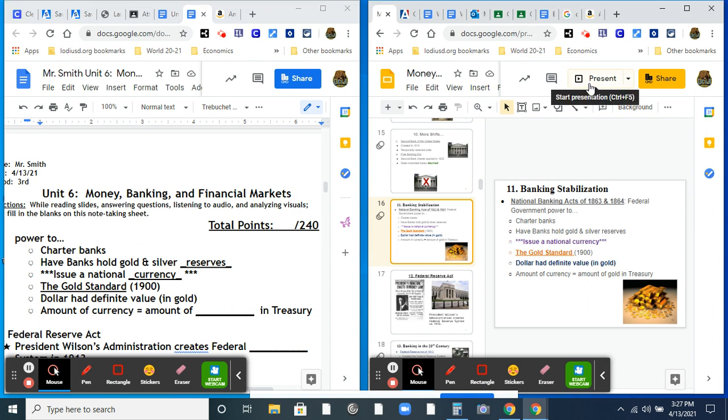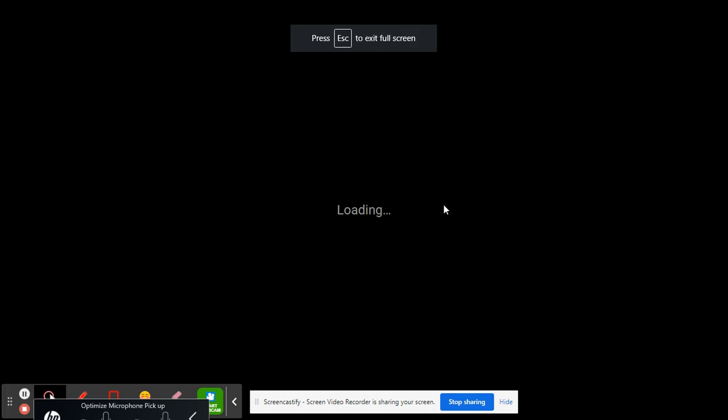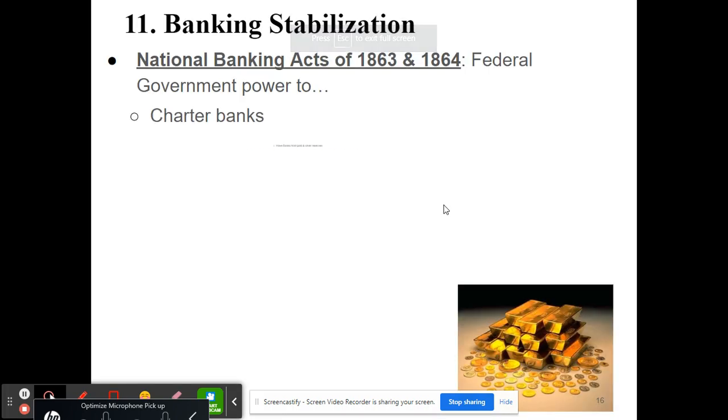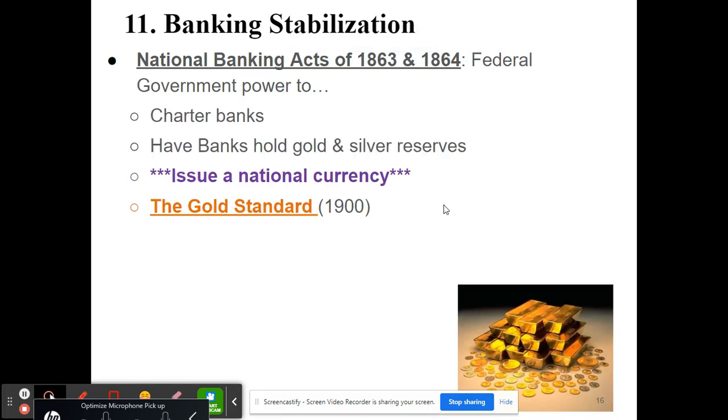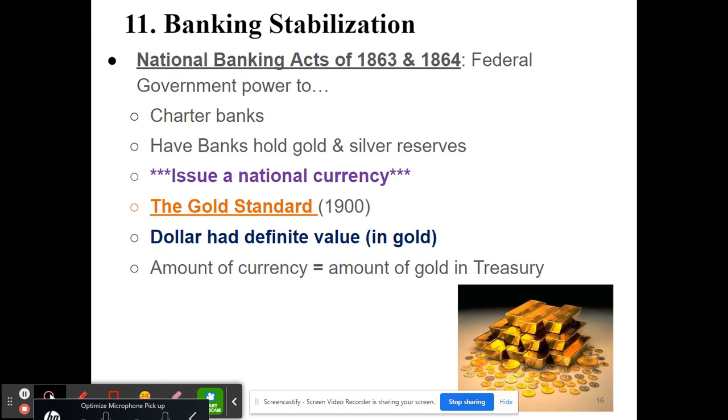And so you get what's known as the gold standard, wherein every dollar was backed by an equal amount of gold, whatever the value of gold was. This meant America really had to hold a lot of gold and silver to support its economy.